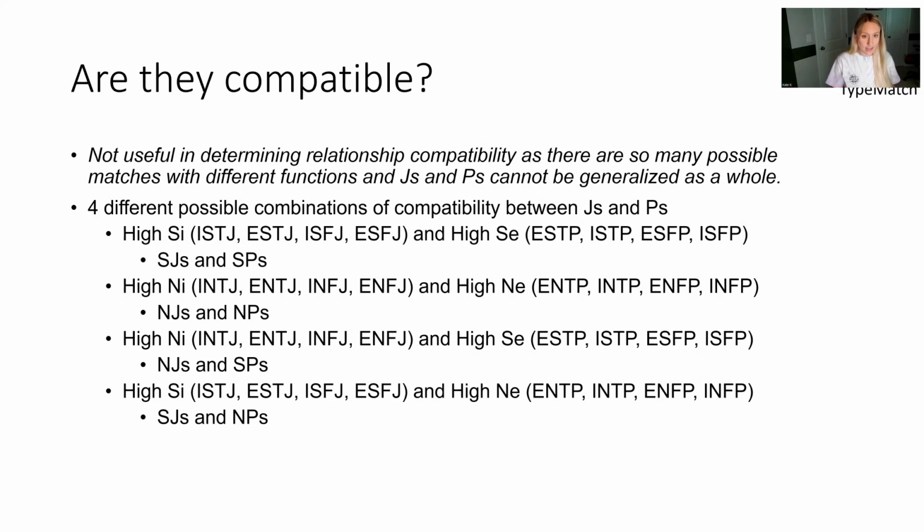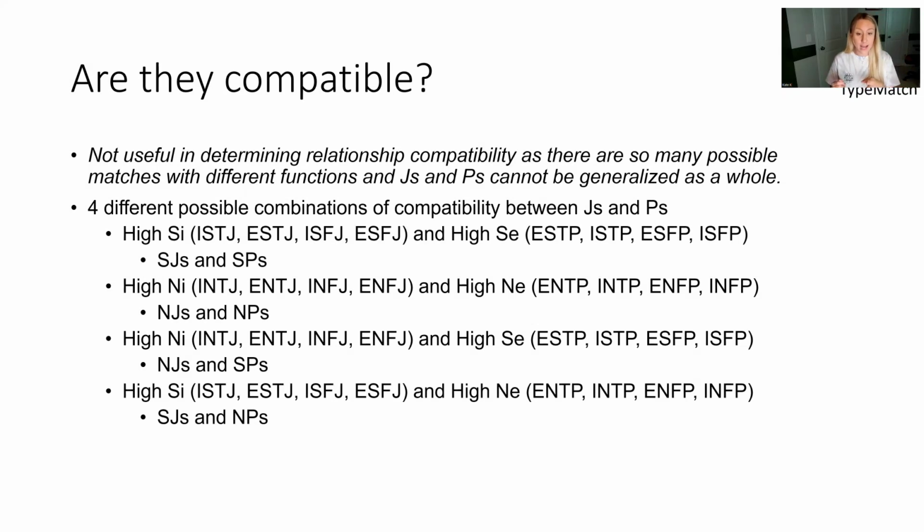So are they compatible? It's not really useful to talk about J and P as a generalized whole in determining compatibility, because there are 4 different possibilities in matches when we're talking about Js and Ps. So let's go into the 4 possible combinations of compatibility between these two.